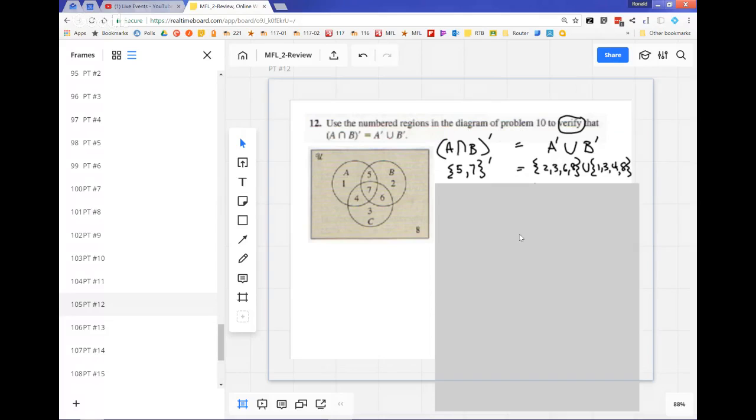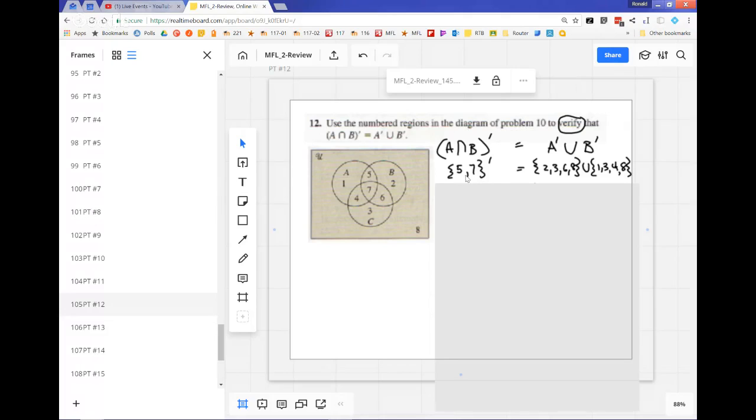So then what I did is I started on the left. What's A intersect B? Where do A and B overlap? The 5 and the 7. So we're trying to do 5, 7 complement. And on the right, what's A complement? All the things that are outside of circle A: 2, 6, 3, 8.